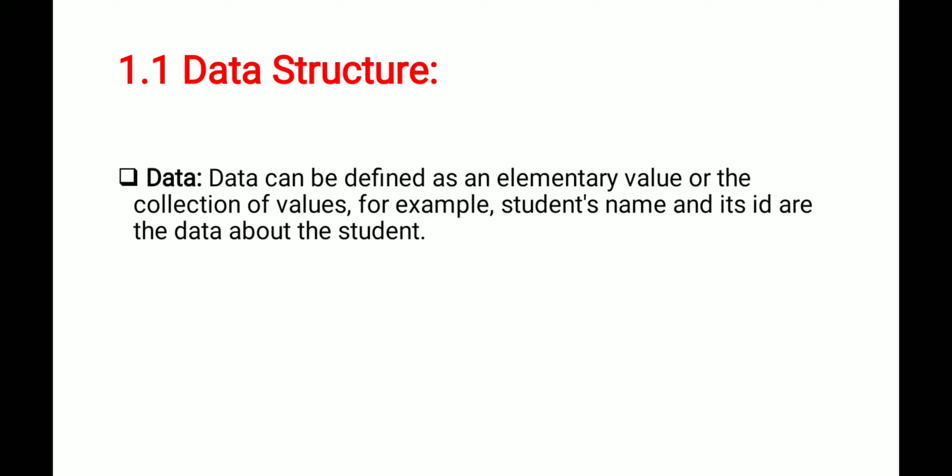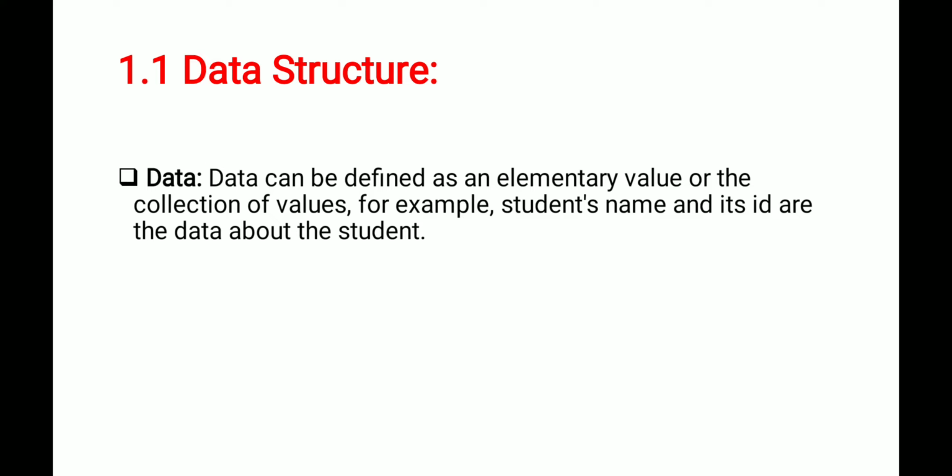Before learning what exactly data structure means, we need to learn what exactly data means. Data can be defined as an elementary value, a single value, or a collection of values. For example, a student name may be data, or its ID are the data about the students.